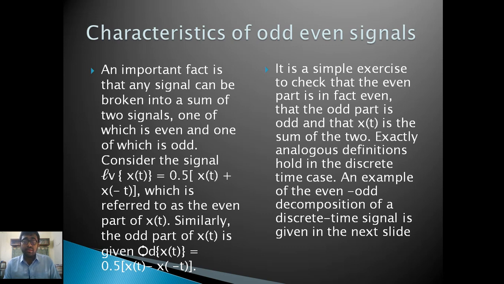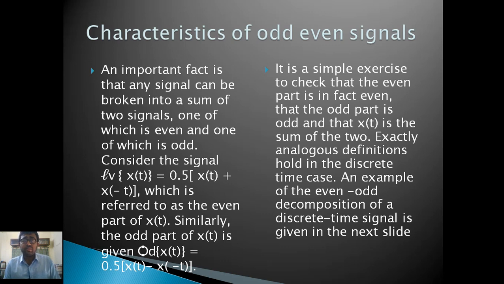Consider the even part: Ev{x(t)} = 0.5 [x(t) + x(-t)]. Here x(t) plus x(-t) is referred to as the even part, and similarly for the odd part we take Od{x(t)} = 0.5 [x(t) - x(-t)].